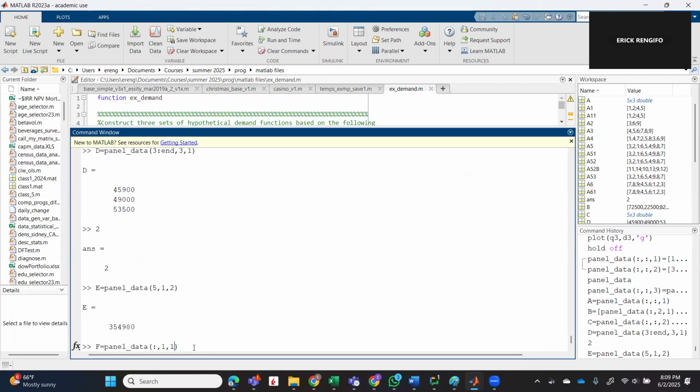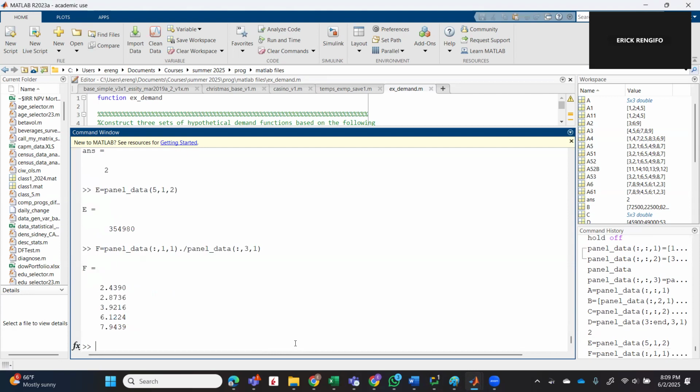Agree with me? Yes. And then I need to do it as a percentage of the income of individual 3. So I need to do element-by-element division. Basically, the only thing that changes is this one here. Correct? Yeah. Perfect. Then we go. Easy. Wow, you can see.